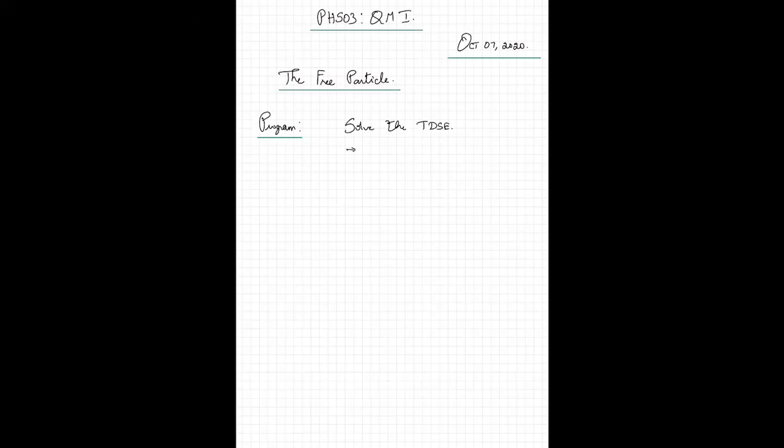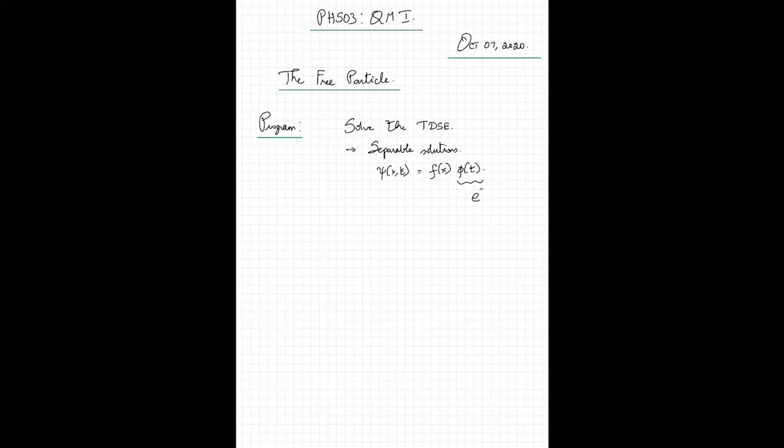And you do this by looking at separable solutions. So you write psi of x, t as something that depends only on x and something that depends only on time. And you can solve for the time dependent part quite easily.